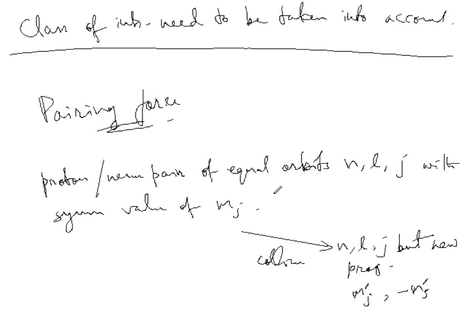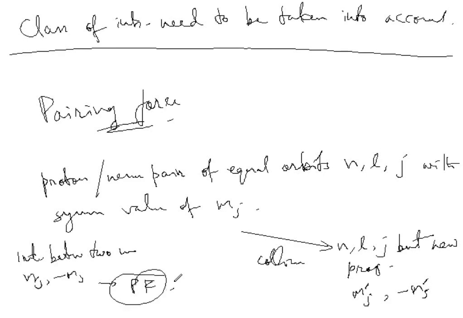Now the interaction between these two nucleons with projections mj and minus mj, in these circumstances, is known as the pairing force. It leads to an increase of the binding energy of the nucleus.